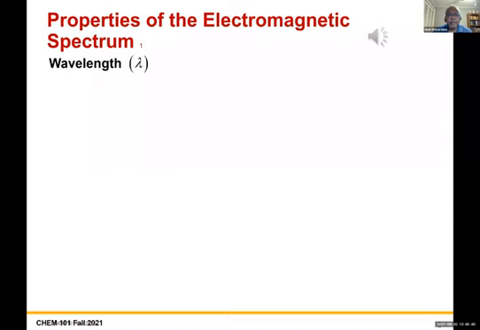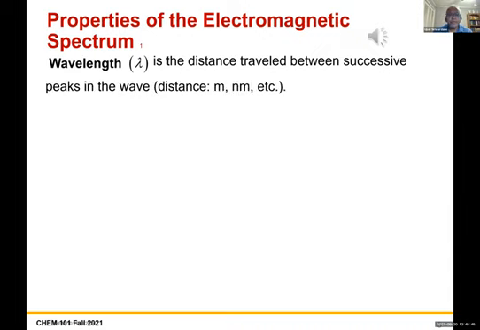Wavelength is called lambda. It's the distance between two successive peaks in a wave. It's measured in meters, sometimes expressed in nanometers. A nanometer is 10 to the negative 9 meters.